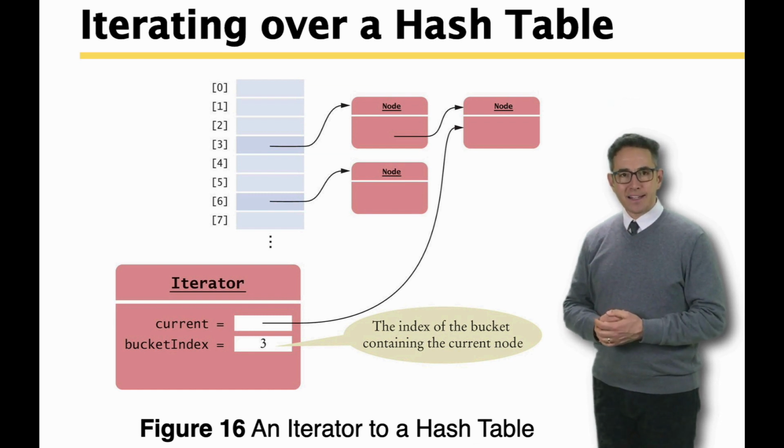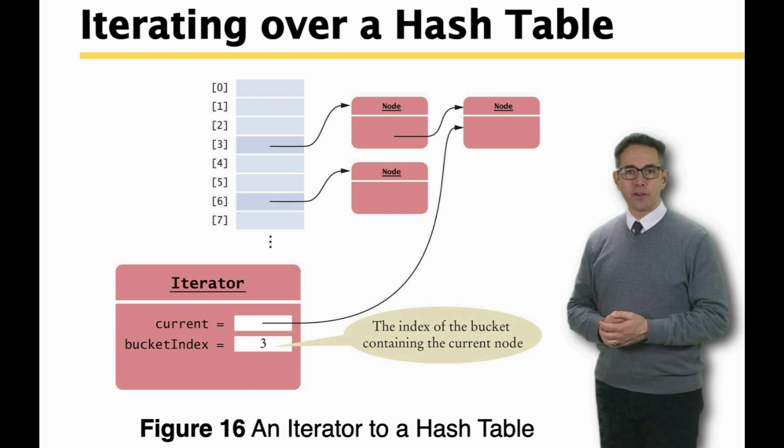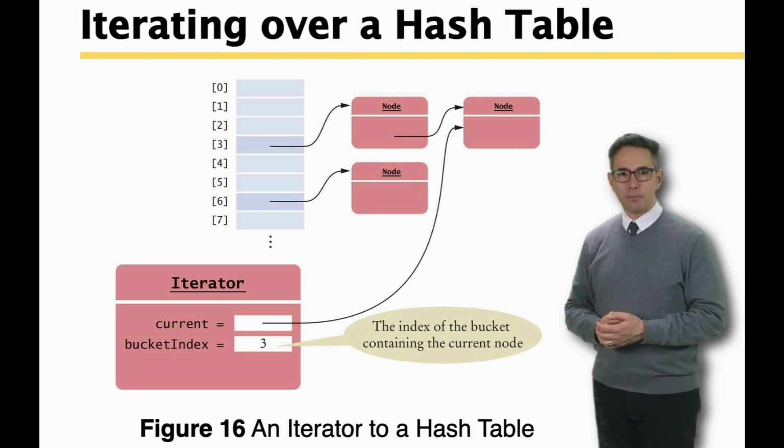Well, when we call next, we move our pointer from the first node in bucket 3 to the second node in bucket 3. If we were to call next again, we would iterate our bucket down so that we would walk our iterator down to bucket 6, and point current to the first node in bucket 6.